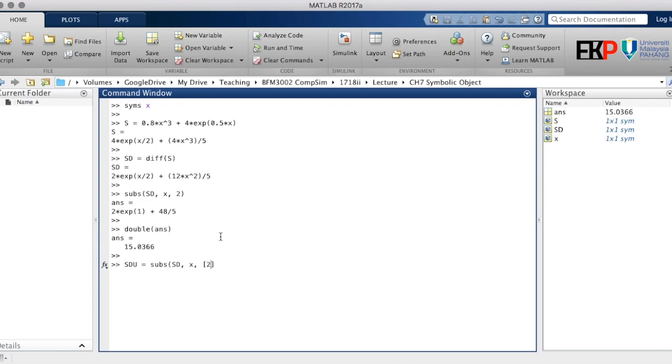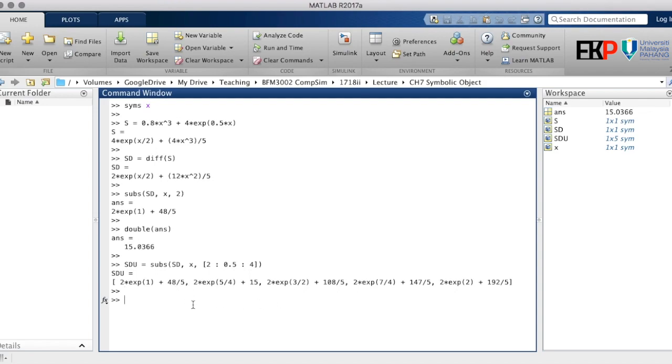Let's say it starts from 2 with an increment of 0.5 until 4, and we close the round bracket. When we press enter, we will see the expression, the answer for each of the given values of x written in exact format.